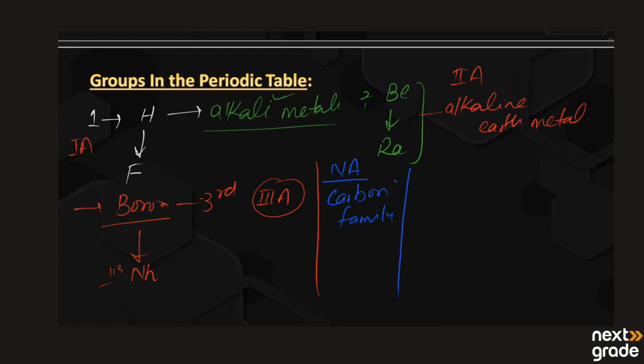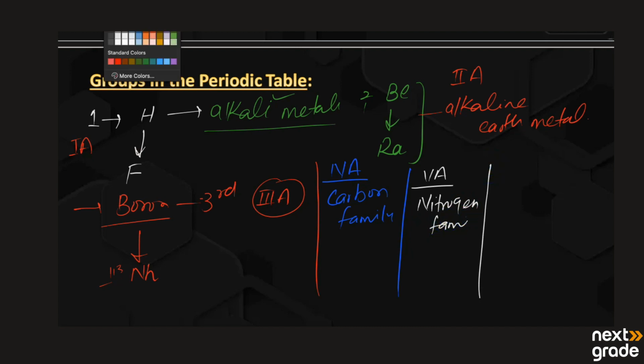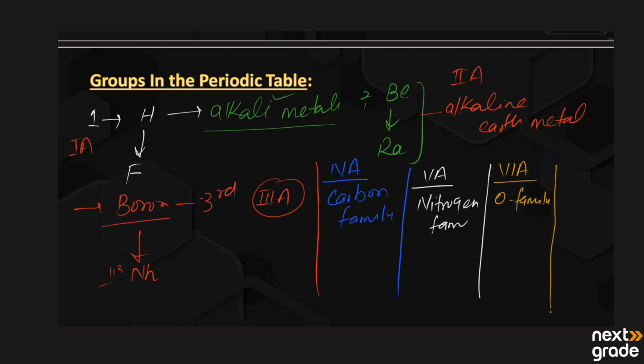Group 5A is the nitrogen family. Group 6A is the oxygen family. Group 7A are the halogens. And the last group we have is the noble gases.